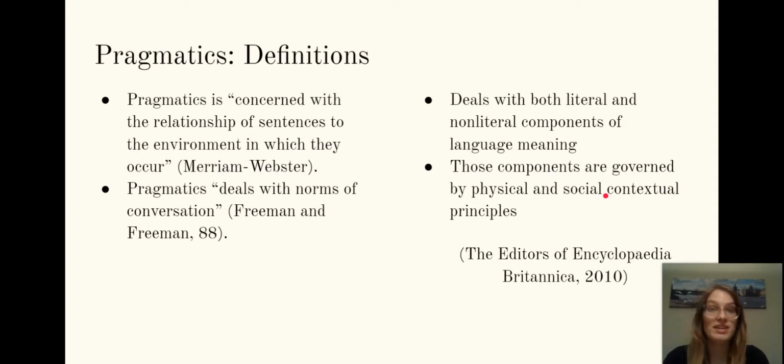Is it my peer? Those are kind of social clues. Or what is the cultural background of people? Where are we? Are we in a different country, or are we in the United States? There's all sorts of contexts that go into governing these components of language meaning, according to Encyclopedia Britannica. So, what does this look like?